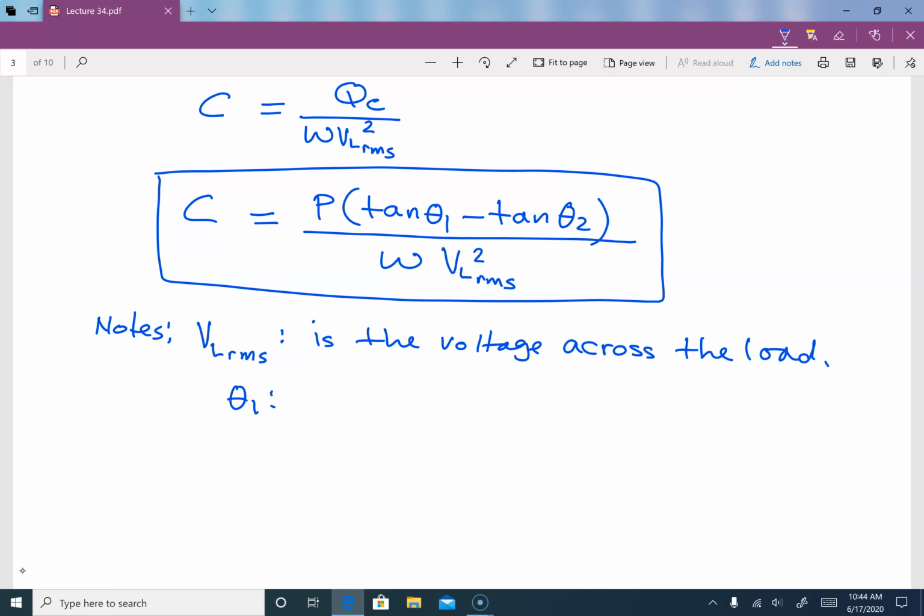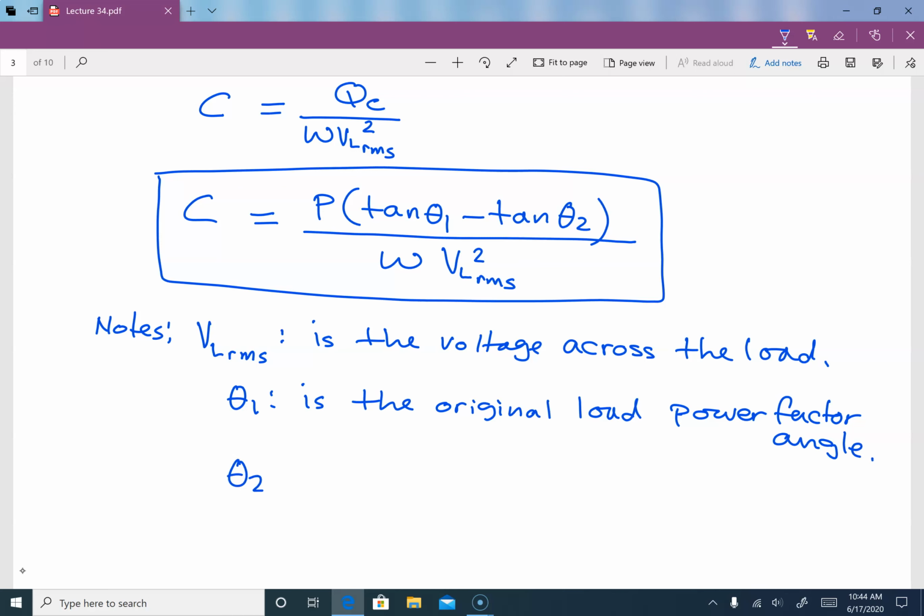Theta 1 is the original load power factor angle. Theta 2 is the desired power factor angle.